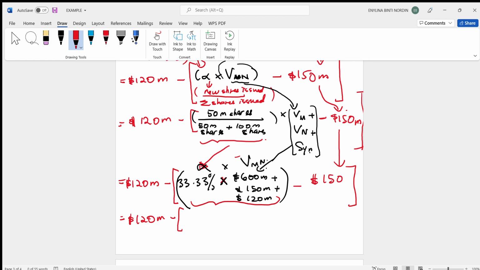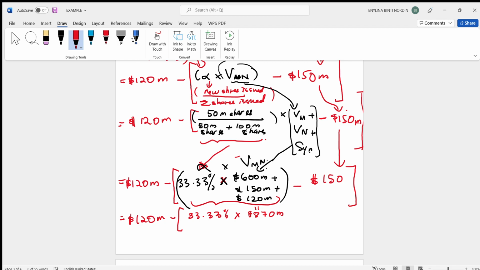Hold on, let me calculate. 750 plus 120, okay, 870. Alright, and then you multiply the value of the combined firm, 870 million, by alpha, 33.33%.